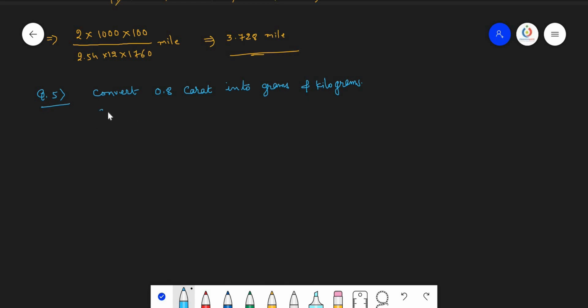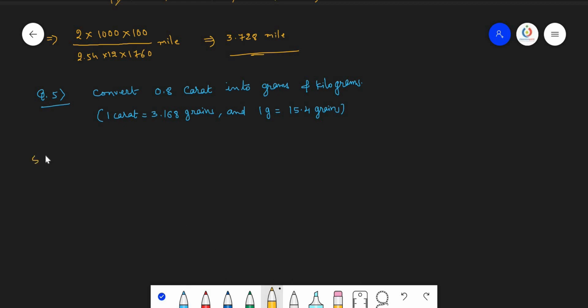Here the question itself gives 1 carat is equal to 3.168 grains, and 1 gram is equal to 15.4 grains. So this is the information provided in the question.